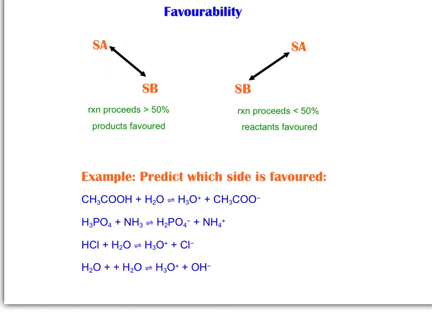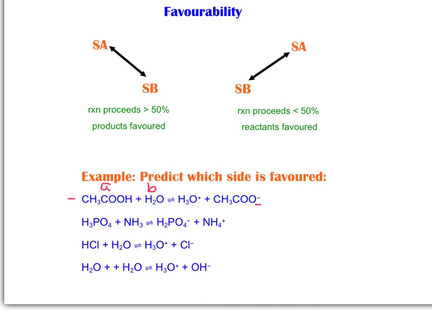All right, so we can go through some of these examples here and talk about which side is favored. We see in our first reaction here, I've labeled acetic acid as the acid, as it has obviously lost an H, and water as a base because it has gained an H. If we look at our acids and bases table, we find that acetic acid, or vinegar, is much lower on our table than water as a base.